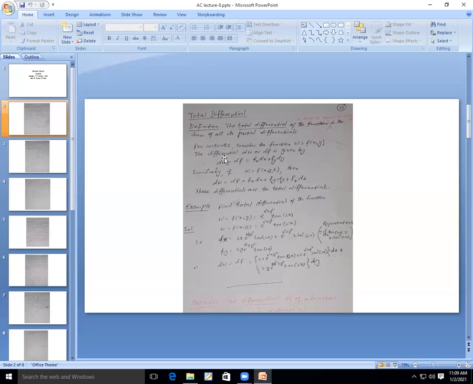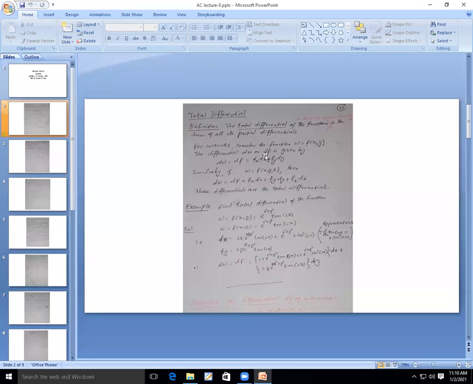Instead of writing dy or dx, we write simply dy equal to the derivative of the function into dx. This is the definition of differential. And if you have a function in two variables, differentiate with respect to x, y, if it is in three variables, also differentiate it with respect to z, and then add these partial derivatives.